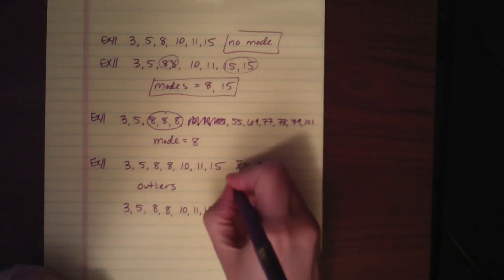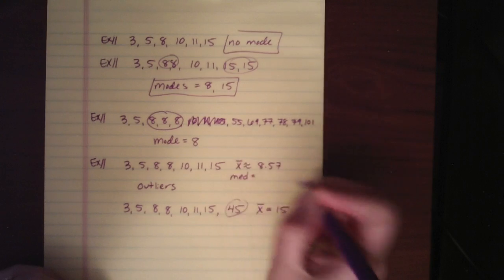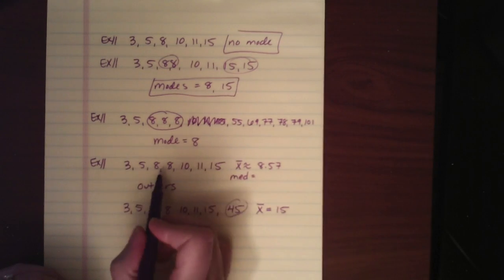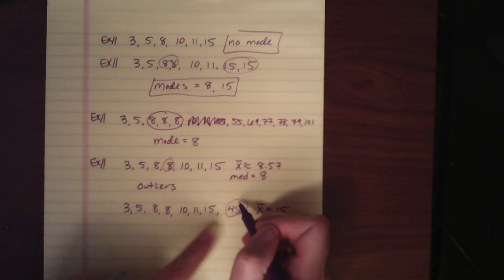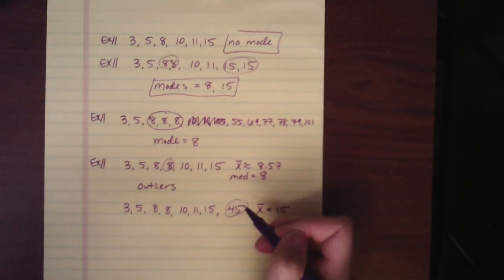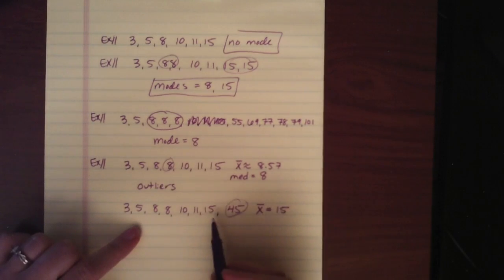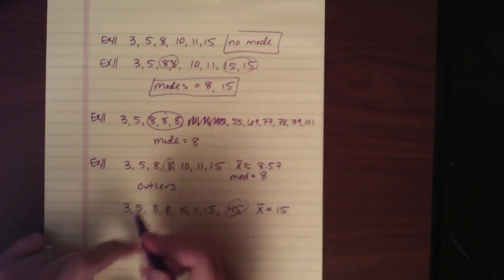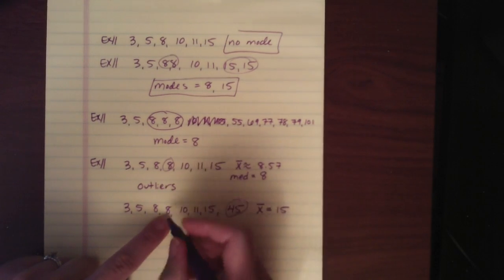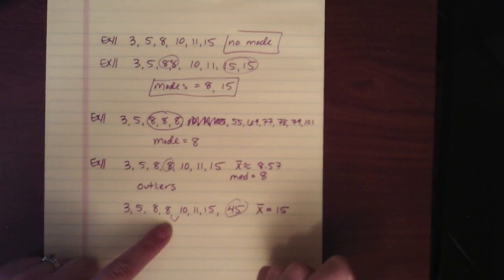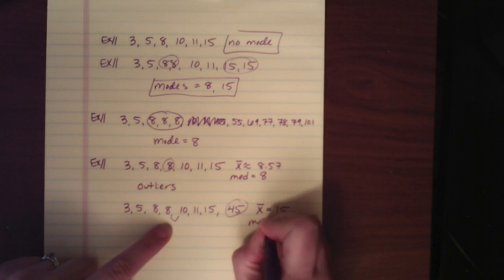By contrast, the median of the set of data without the outlier was 8. Even when we add the outlier in, because the median is based on position in the data and it's not based on the actual data value, all that happens when we add in this piece 45 is then we have to find the mean of the 2 middle values to come up with our median.